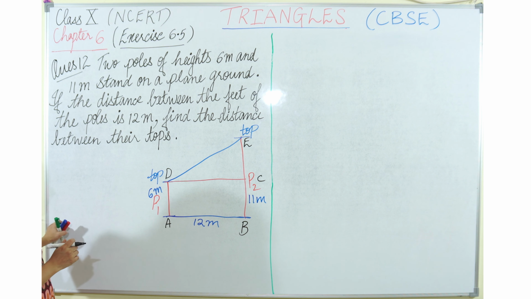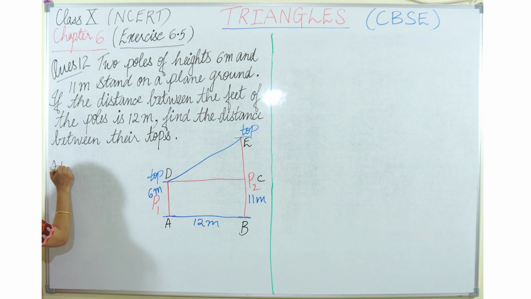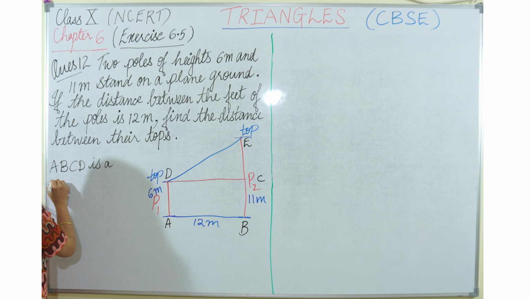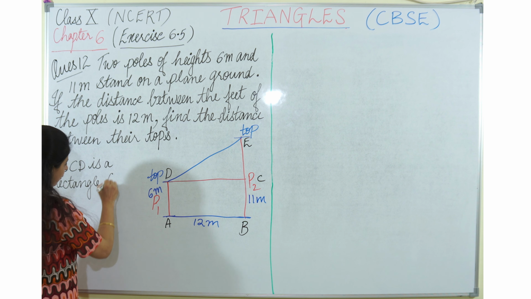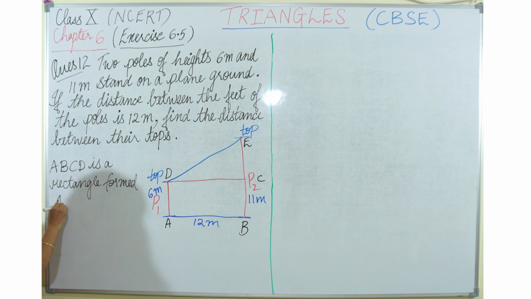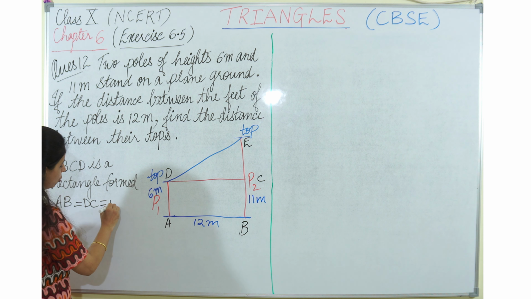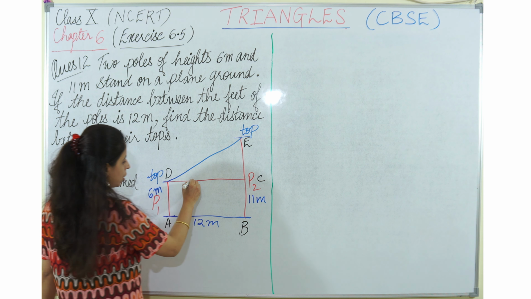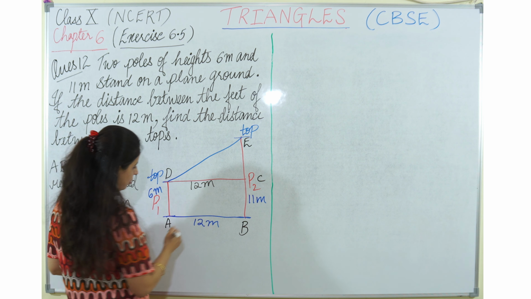So we can easily say that ABCD is a rectangle formed. My AB is equal to DC, which is equal to 12 meters.